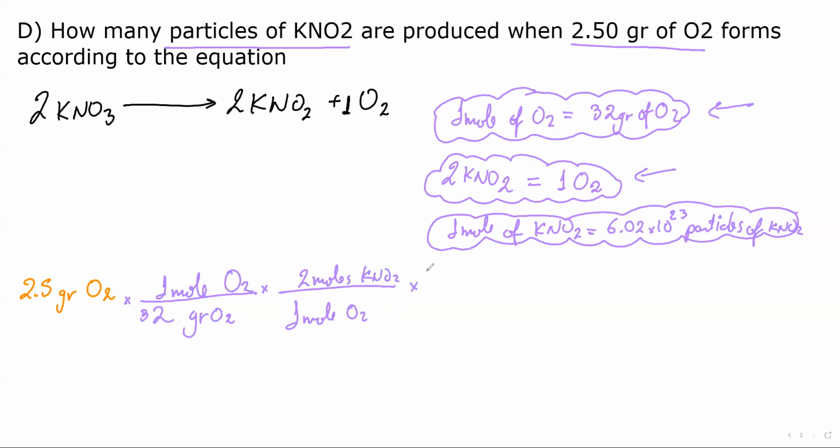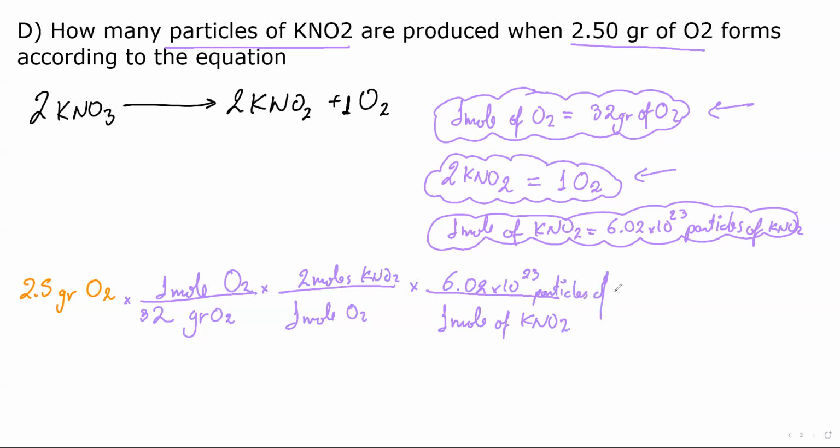Now we have KNO2, but you have moles, not particles. So let's convert moles to particles. Let's do this again, times the fraction, times the unit rate. And the last thing will be not 2, but 1 mole of KNO2 is equal to 6.02 times 10 to the 23 particles of KNO2.